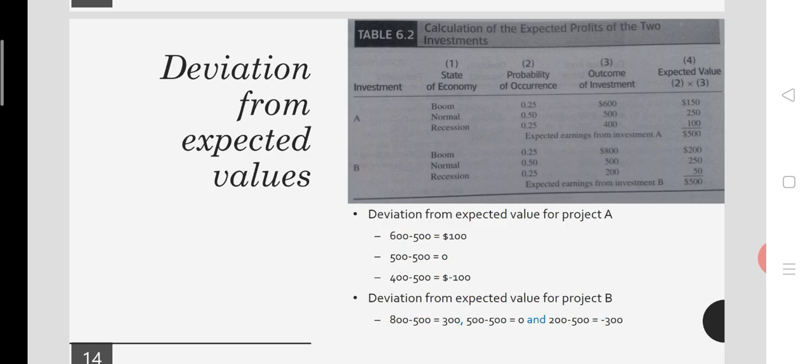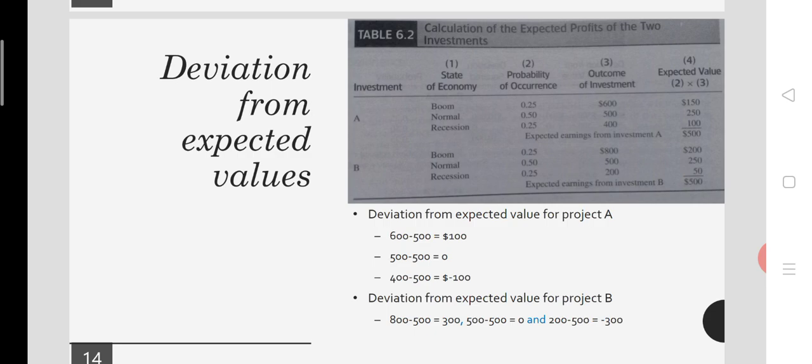So this is the deviation from investment project A. And coming to investment project B, 500 is the expected value for both investment projects A and B. So each outcome of investment has the expected value deducted from it. So 800 minus 500 is 300. Then the second case, the normal economic condition for investment project B.